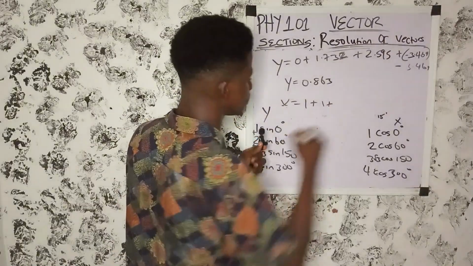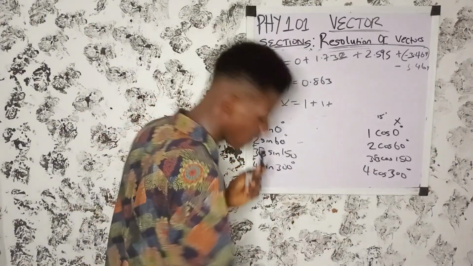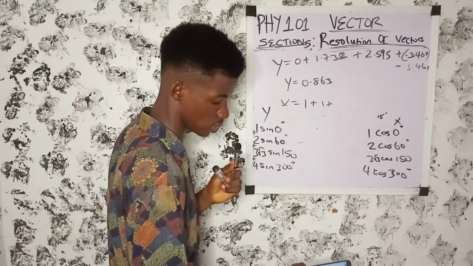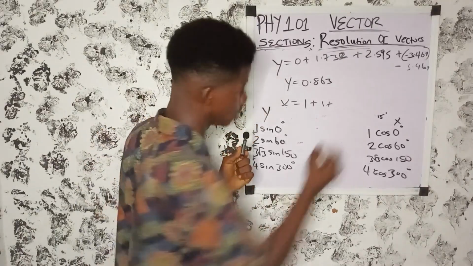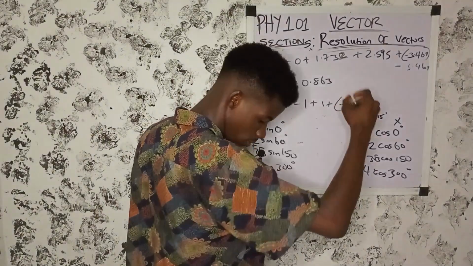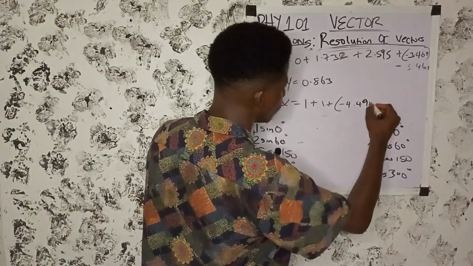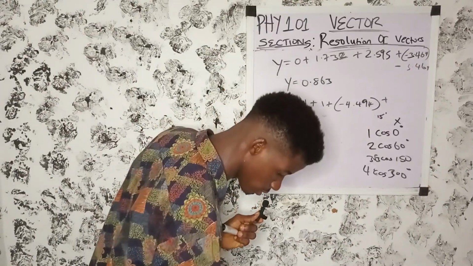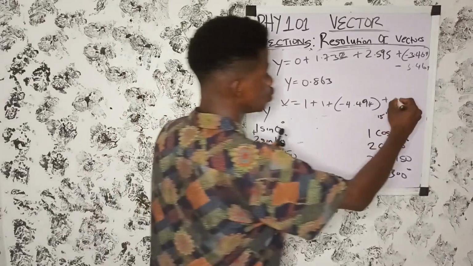Then plus 3 root 3, which is 5.19, 5.19 cos 150. We have minus 4.494. The bracket closes, then plus 4 cos 300. 4 cos 300 is 2.